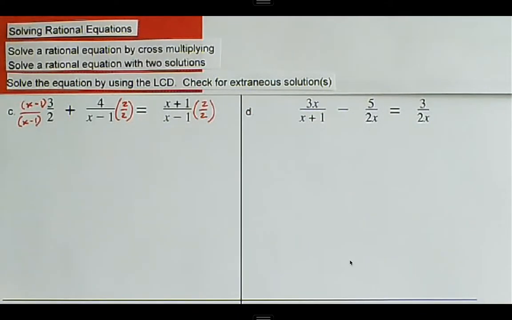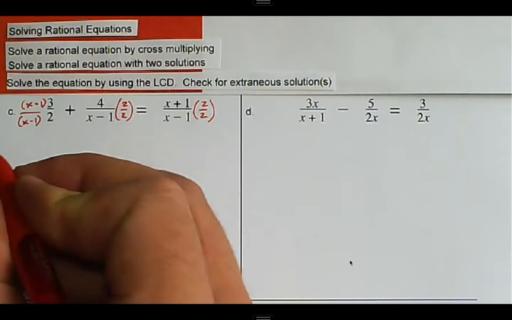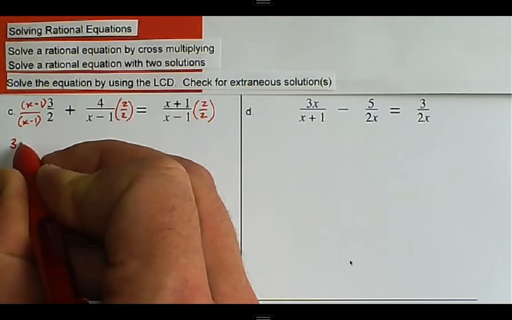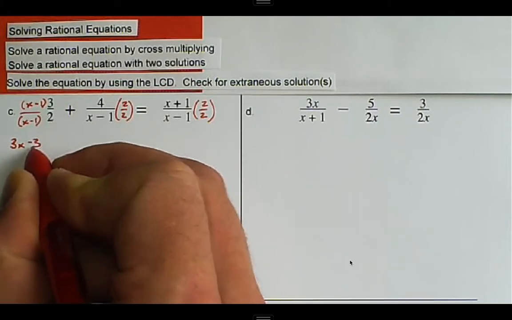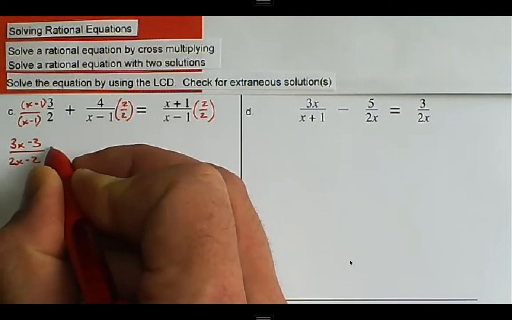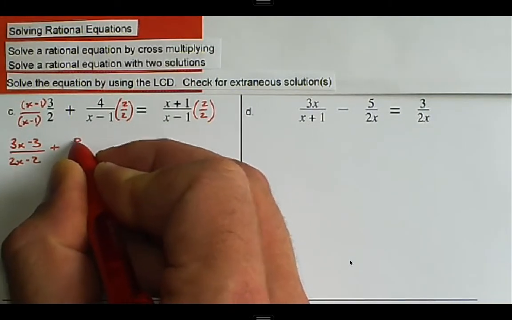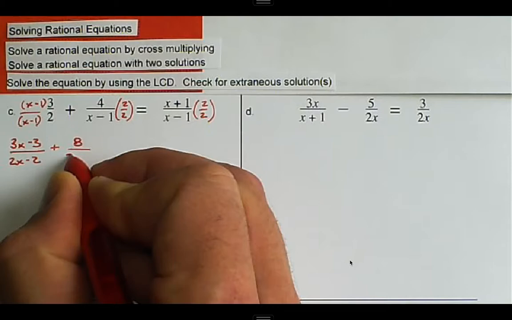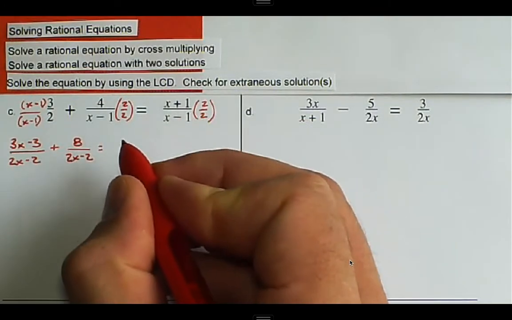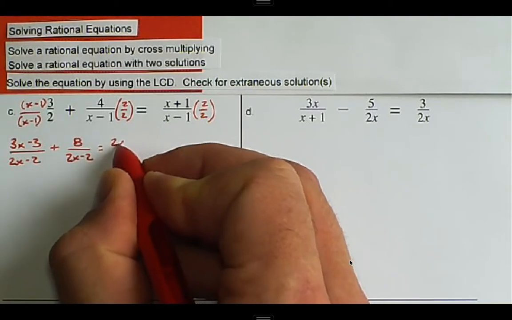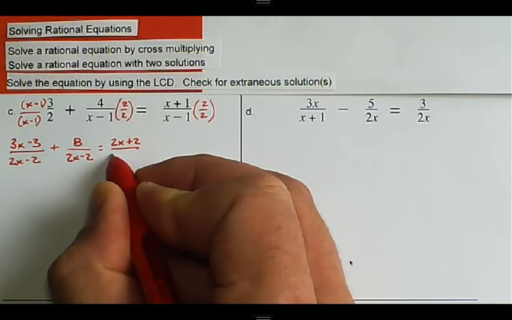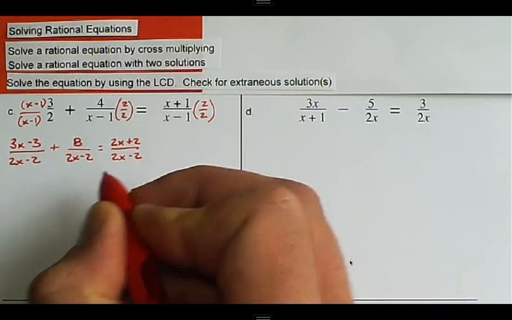And when we go ahead and do that math, we end up with 3x minus 3 over 2x minus 2 plus 8 over 2x minus 2, which is equal to 2x plus 2 over 2x minus 2.